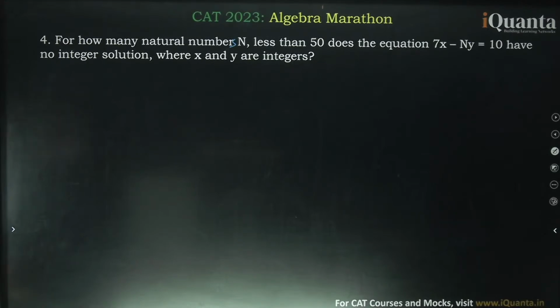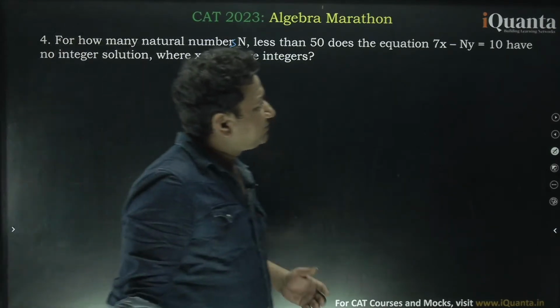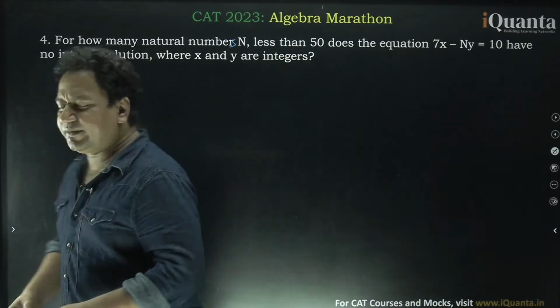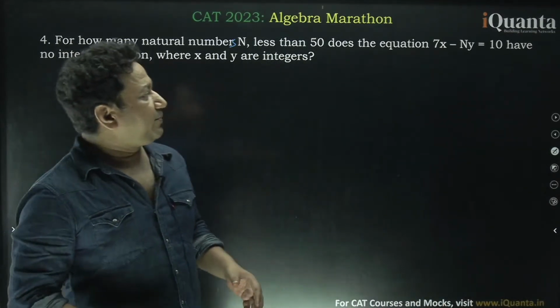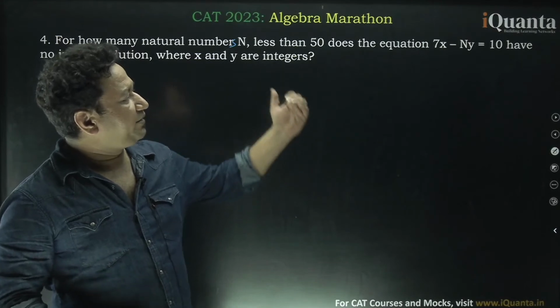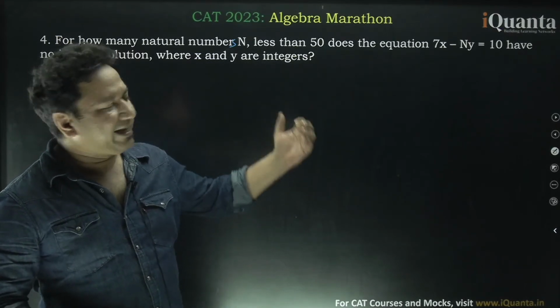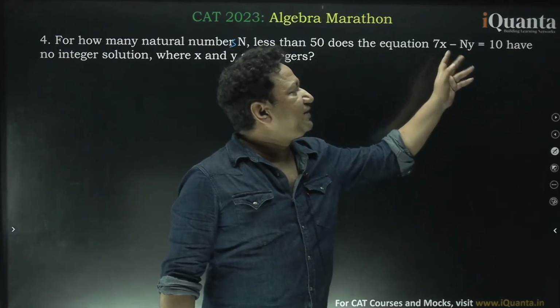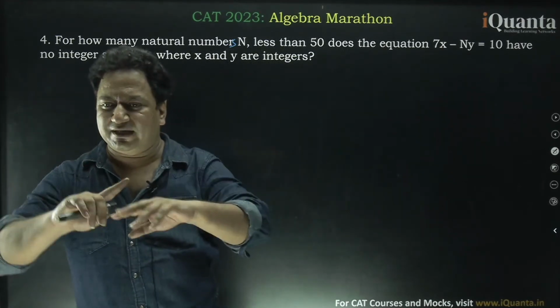Do you guys remember that concept? The people, okay, how many of you are from iQuanta? First of all, tell me that. So if you're from iQuanta, do you remember that concept when I was talking about an equation? How many solutions would it have? Like how does the value of y and x increase by the coefficient of each other? Do you remember that thing?